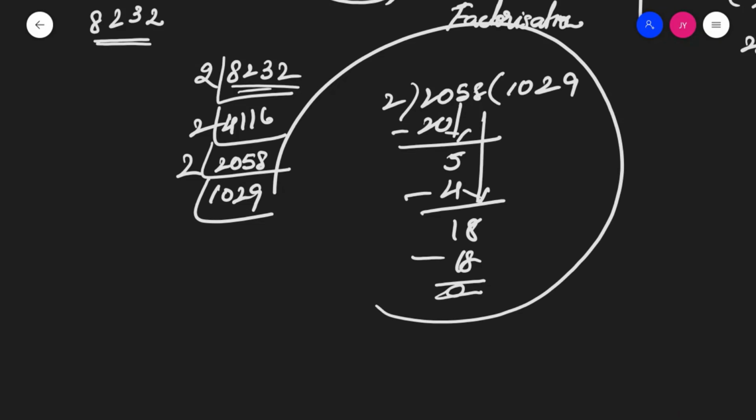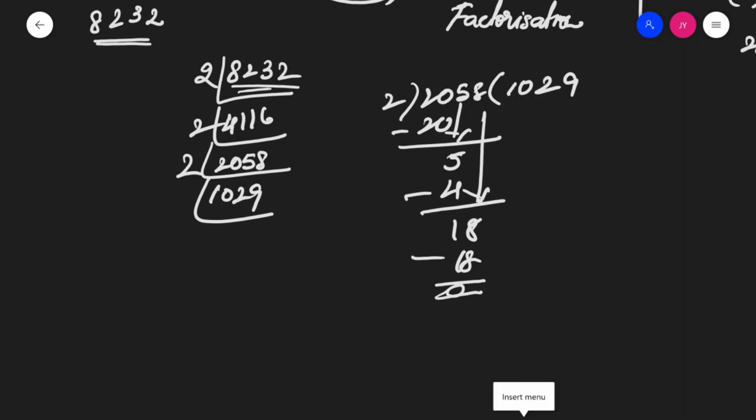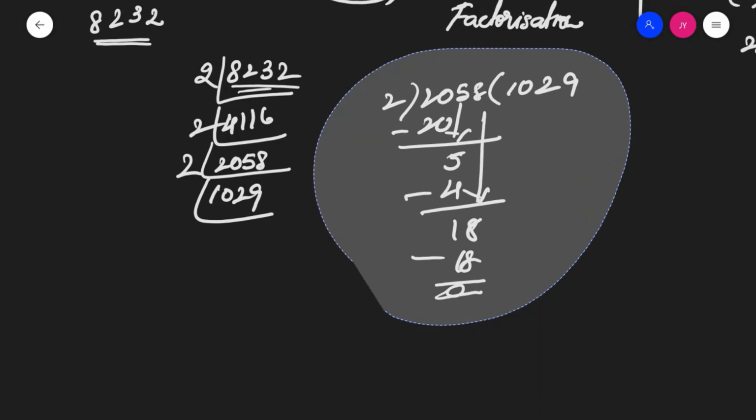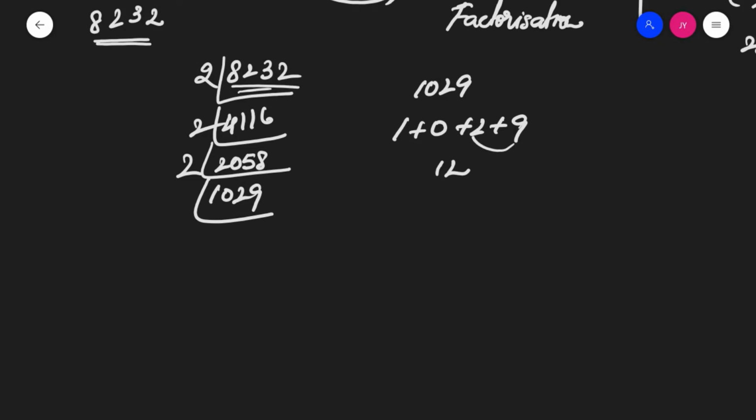Next, what is the least prime number which can divide 1029? It is not 2. Can you divide 1029 by 2? No, you will get decimals. So what is the divisibility rule of 3? Adding all the digits, if the sum of all digits is divisible by 3, the whole number is divisible by 3. So 1 plus 0 plus 2 plus 9: 9 plus 2 is 11, 11 plus 1 is 12.